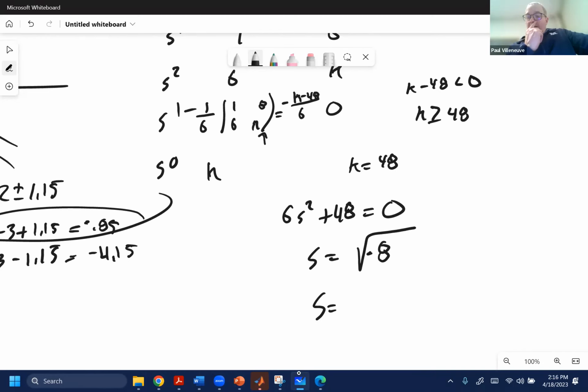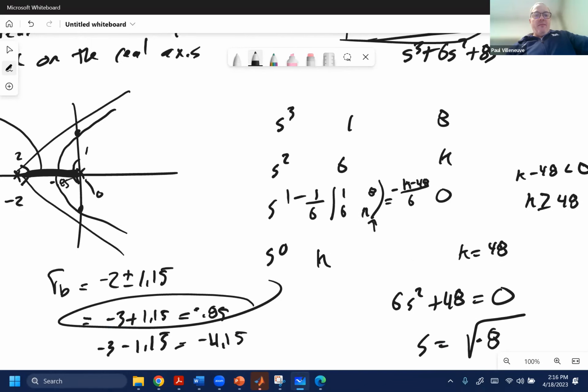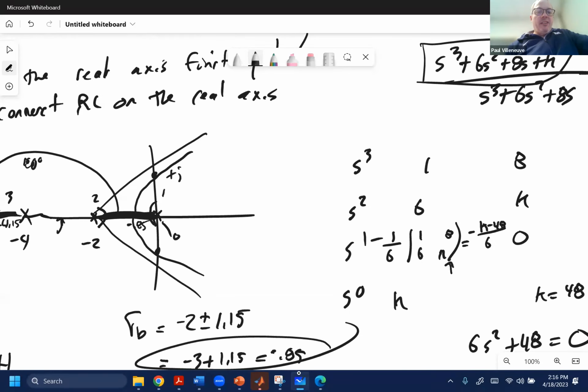So s is going to be equal to plus or minus j square root of 8. So where this crosses is plus j square root of 8 and minus j square root of 8. And that's as much information as we can use to draw the root locus.